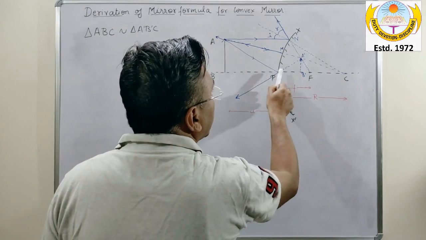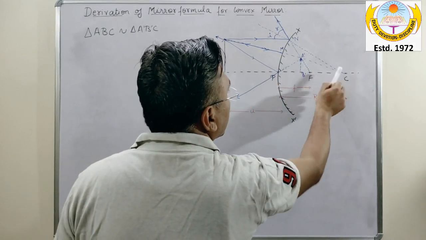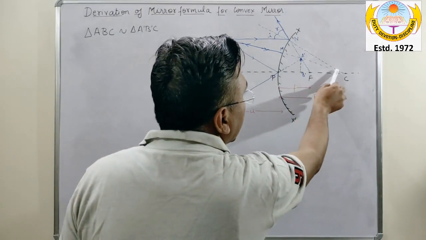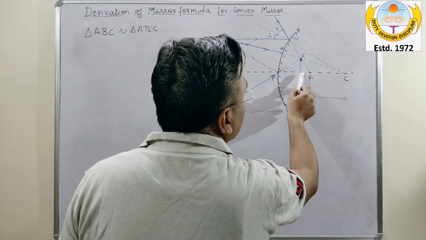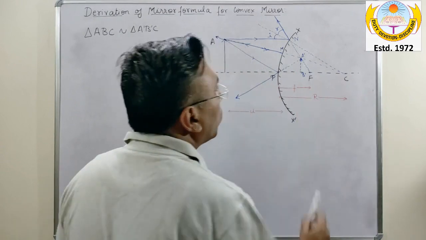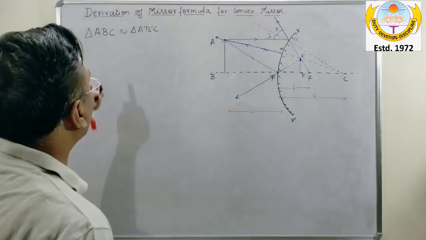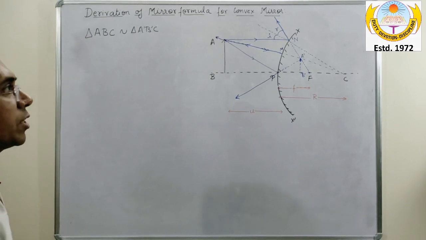Angle ABC is 90, angle A dash B dash C is also 90. This angle C, that is A dash CB dash and ACB, both these angles are common. So obviously the third angle would also be equal. So ABC and A dash B dash C are similar triangles.